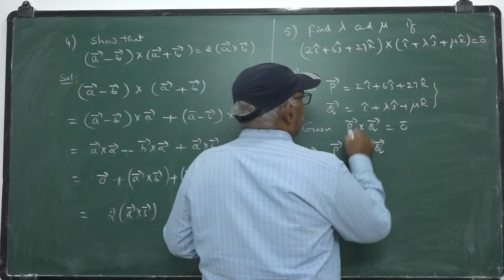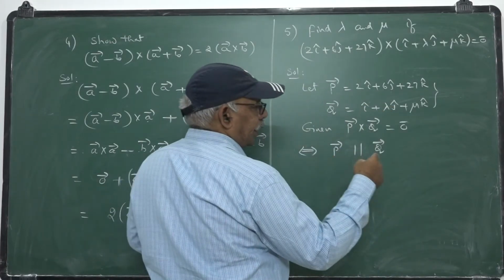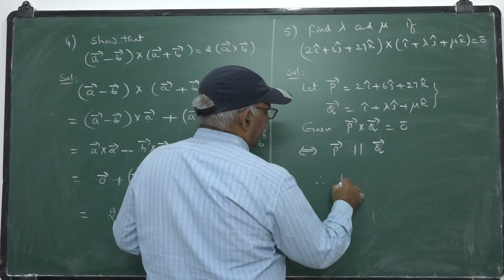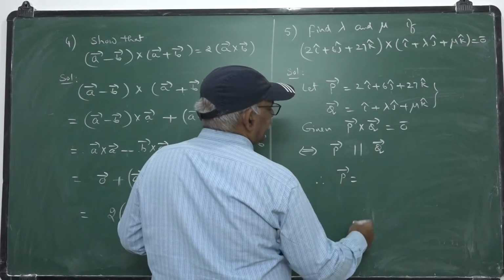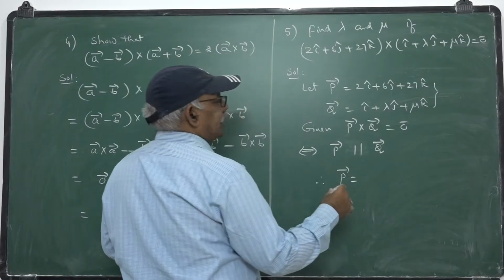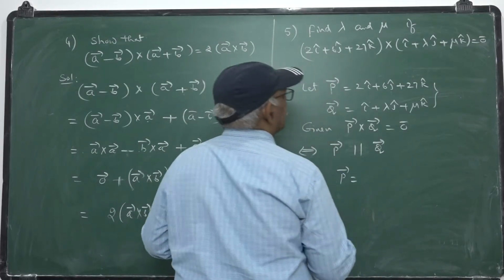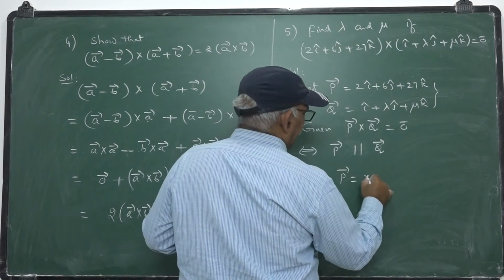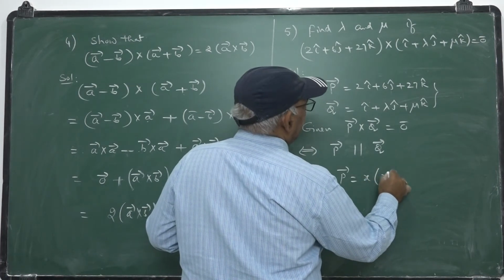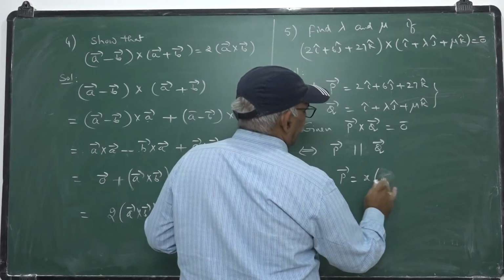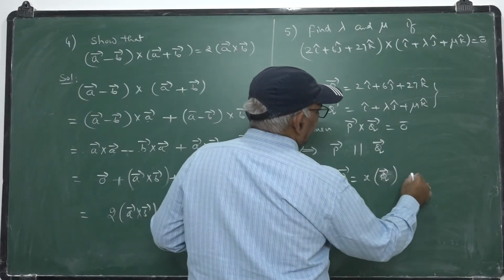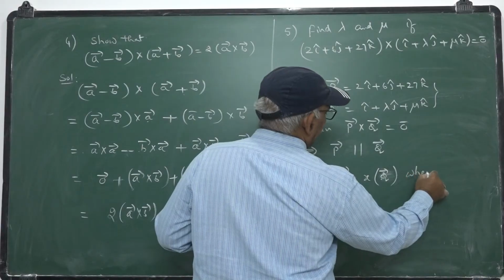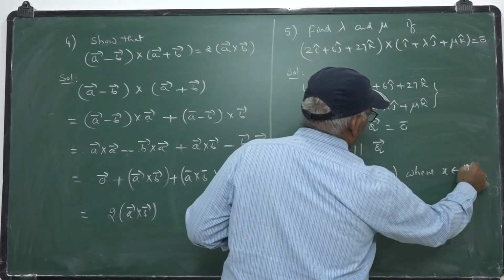Once they are parallel vectors, one can be written as a scalar multiple of the other. Therefore, P bar equals some constant times Q bar, where the constant may be x, a real number.